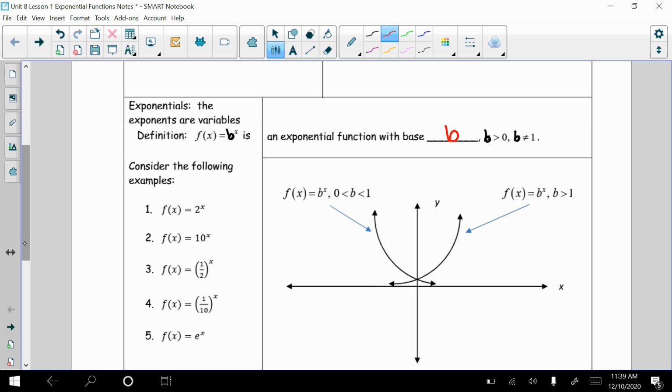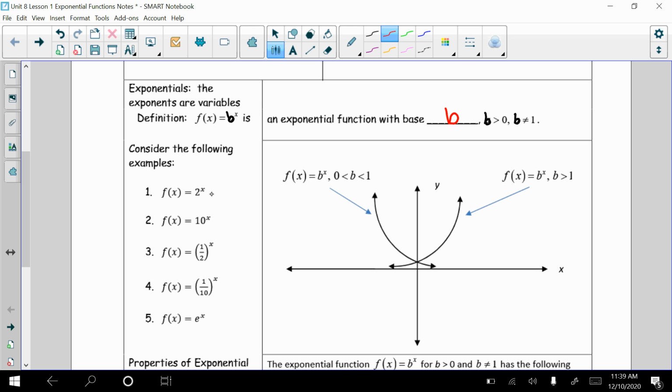If b is between 0 and 1, then it's going to decrease. If it is greater than 1, it will increase. So those are the differences in the directions of those graphs. And so you're looking at things like 2 to the x power or 10 to the x power. We're going to refer to those as exponential growth.